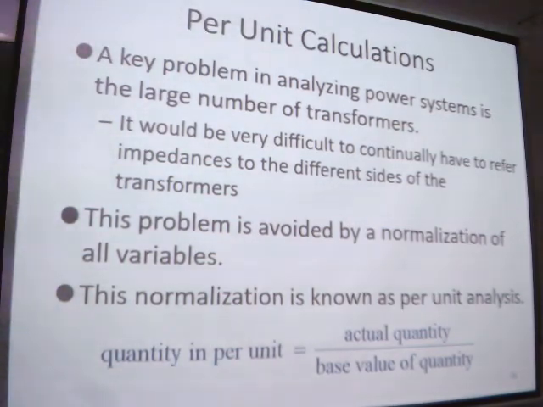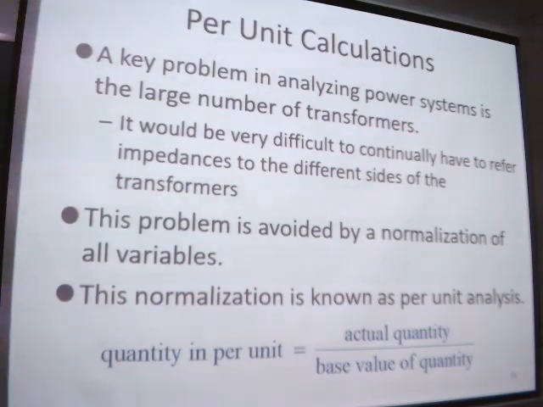Per unit calculation, okay? We know that there will be so many voltage levels in the power systems. So a very important problem here is the large number of transformers, okay?